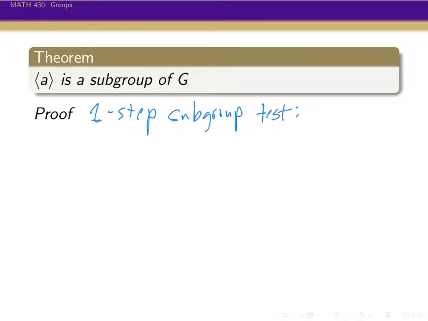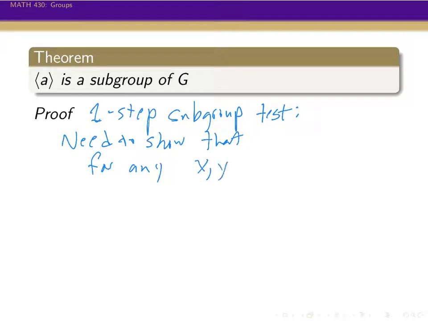Remember, in the one-step subgroup test, we need to show that for any x and y in this set generated by the powers of A, x times the inverse of y is in there as well.